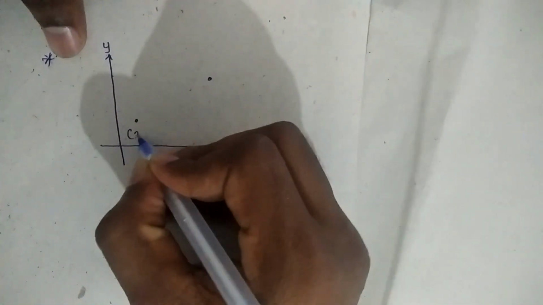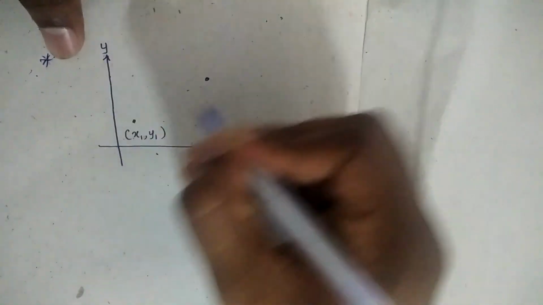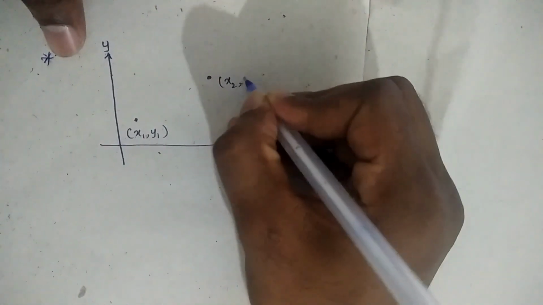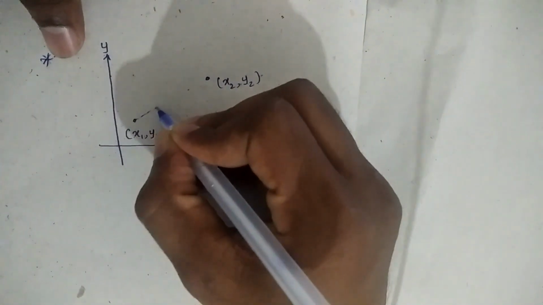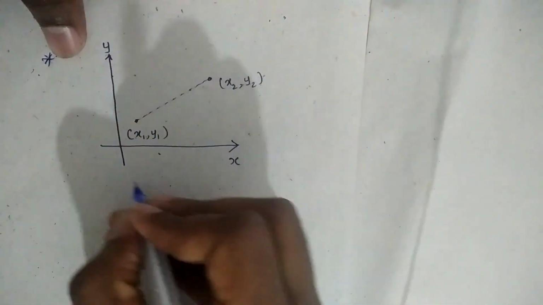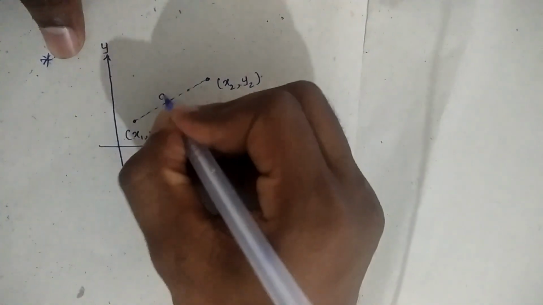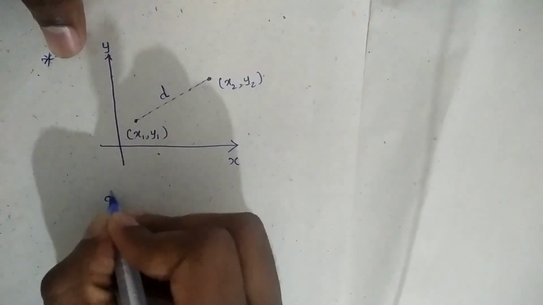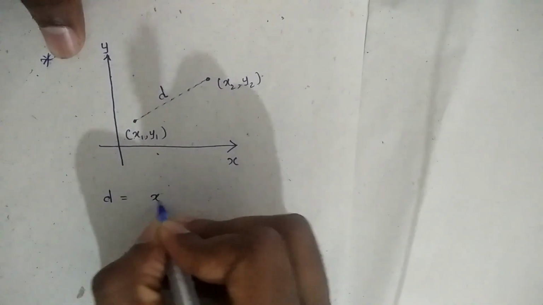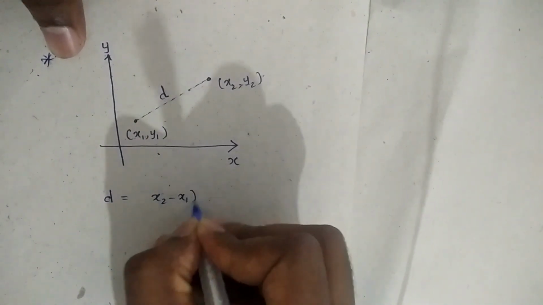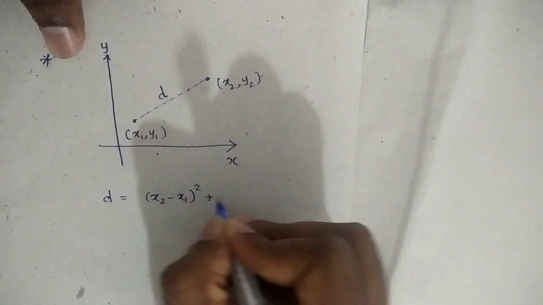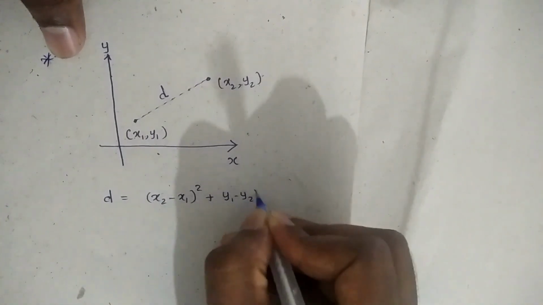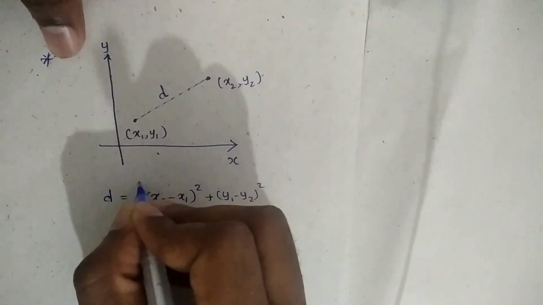Let's say this point here is x1 comma y1, and this point over here is x2 comma y2. Then the distance between these 2 points, let's say d, is given by d equals the square root of (x2 minus x1) whole squared plus (y1 minus y2) whole squared.